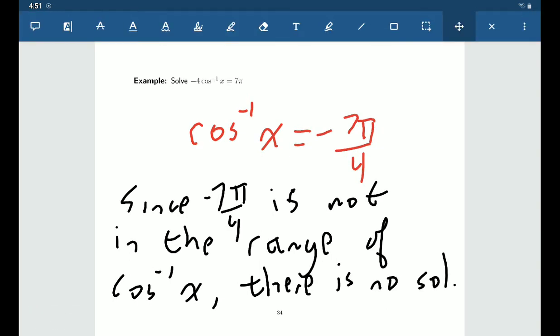And then that's that. There's nothing further to do. Because, of course, if you wanted a solution to the equation cos inverse x equals whatever, that whatever would have to be something in the range of cosine inverse. Since negative 7 pi over 4 is not in the range of cos inverse, then there's no x value as an input that will give you negative 7 pi over 4 as an output. And then that's kind of that.